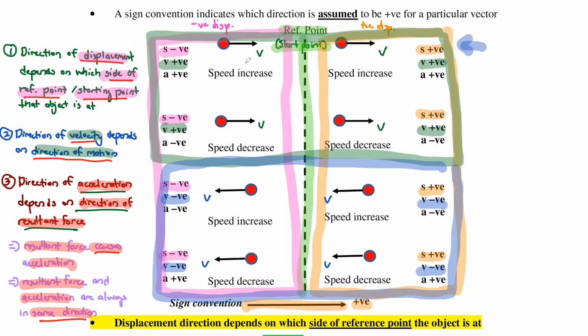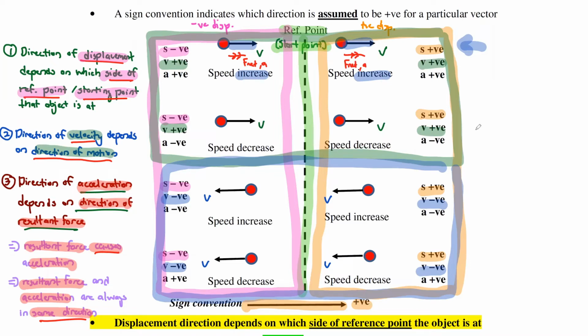In the first row, we have the objects moving towards the right with their speed increasing. The only way they can have their speed increase is if the resultant force acts in the same direction of motion. Therefore, the resultant force and hence acceleration will be towards the right.